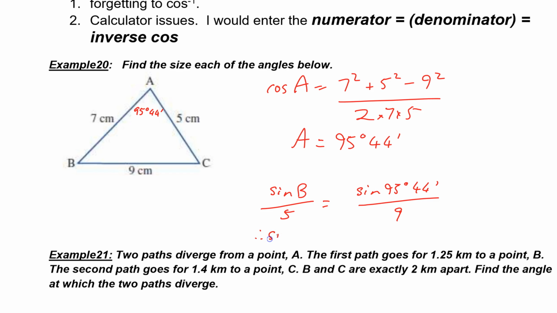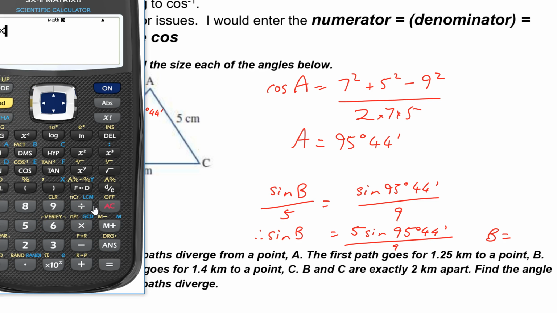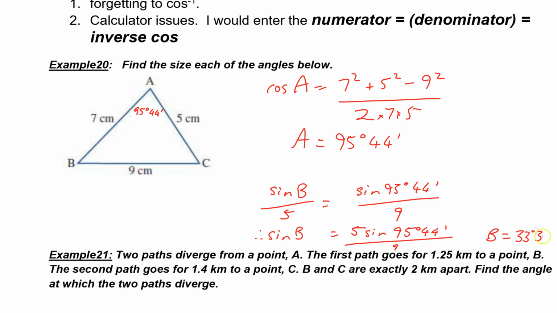That means that sine B is 5 sine 95 degrees 44 minutes over 9. So B is equal to 5 times the sine of 95 degrees 44 minutes, divided by 9, and then the inverse sine of that to find the angle is 33 degrees. Of course, if you use the cosine rule, you get the same answer.